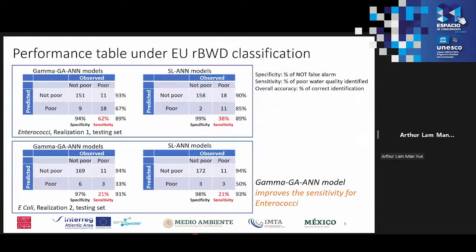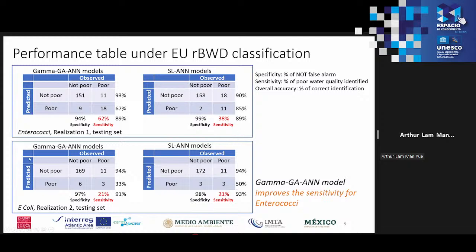We can also see how good these models perform as beach water quality warning models. The European Union separates the beach water quality into poor and not poor according to their enterococci and E. coli concentrations. And I have plotted the performance table accordingly. You can see that our newly devised model, the Gamma GA ANN model, has a higher sensitivity to enterococci compared to the other ANN-related models.